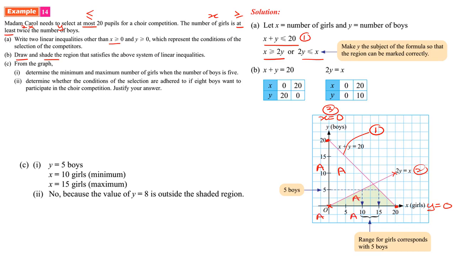And then for the second inequality, 2y is less than or equal to x, so it's the region below the line. So this line, the region below, we use letter B to mark it.